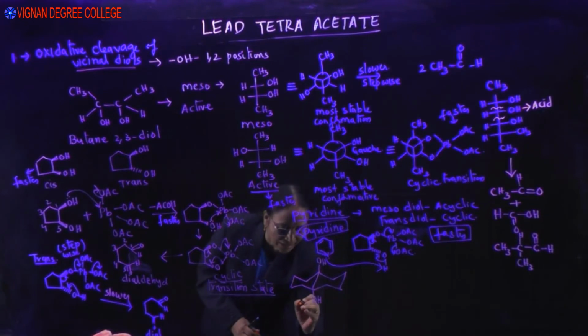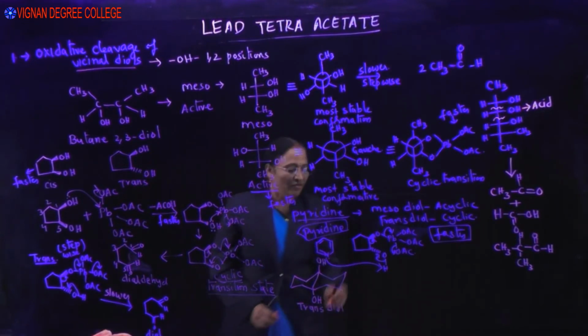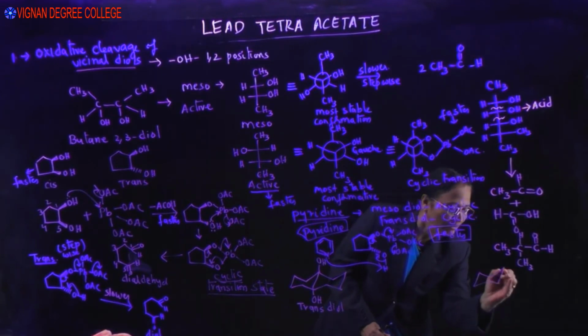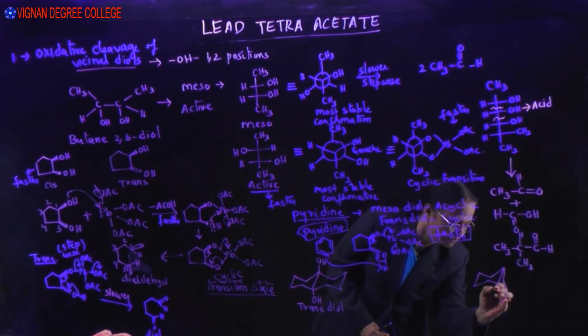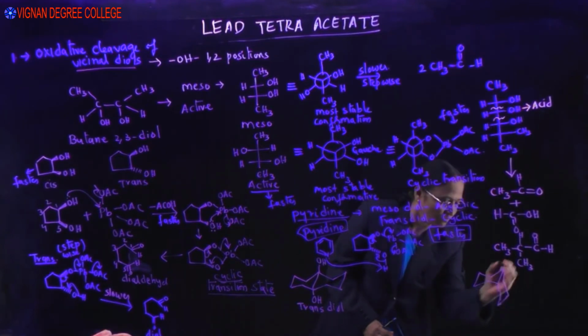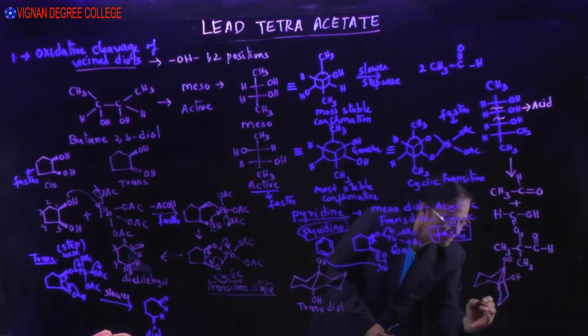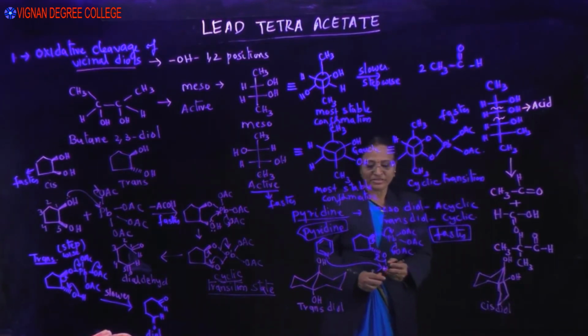So, this is a trans diol because this is a trans decalin. Whereas, if I take a diol like this, this can be called a cis diol because this is a diol formed in the cis decalin, so it is a cis diol.